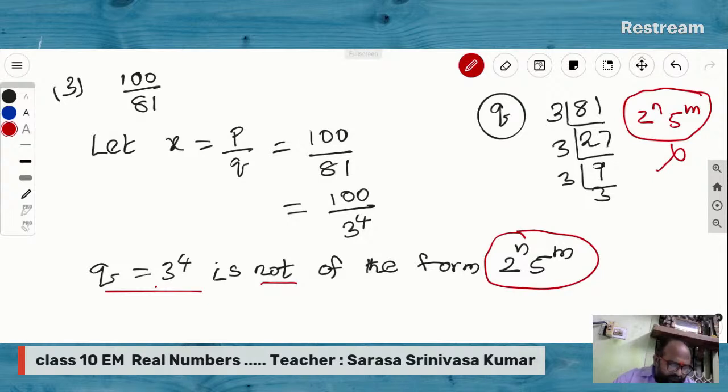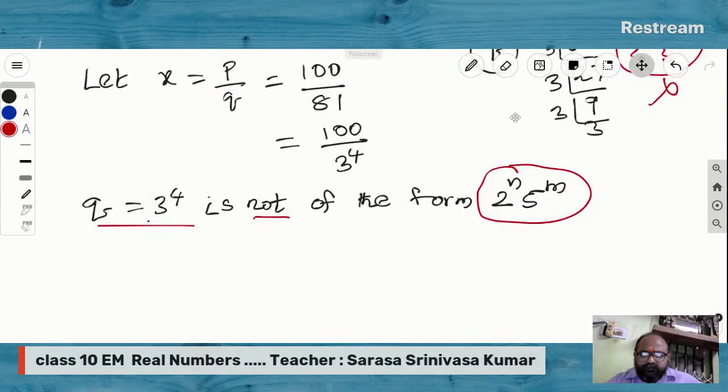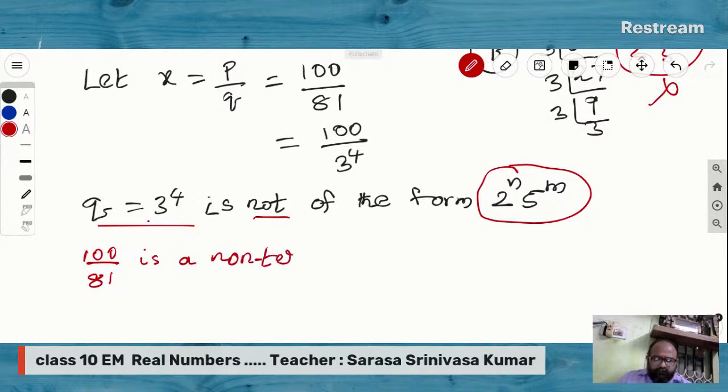Then what will be the conclusion? So by theorem 1.5, we can conclude that 100 by 81 is a non-terminating recurring decimal.